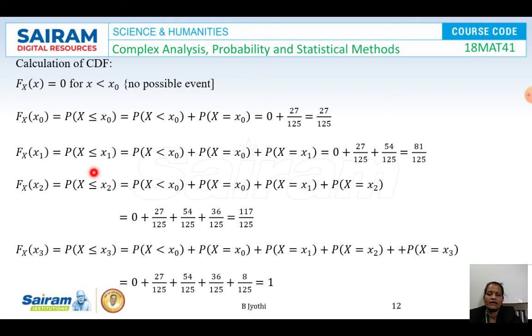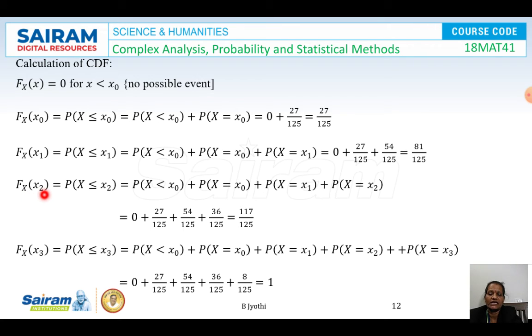Next, F of x1, that is P of x less than or equal to x1, which is 0 plus 27 by 125 plus 54 by 125, equal to 81 by 125.